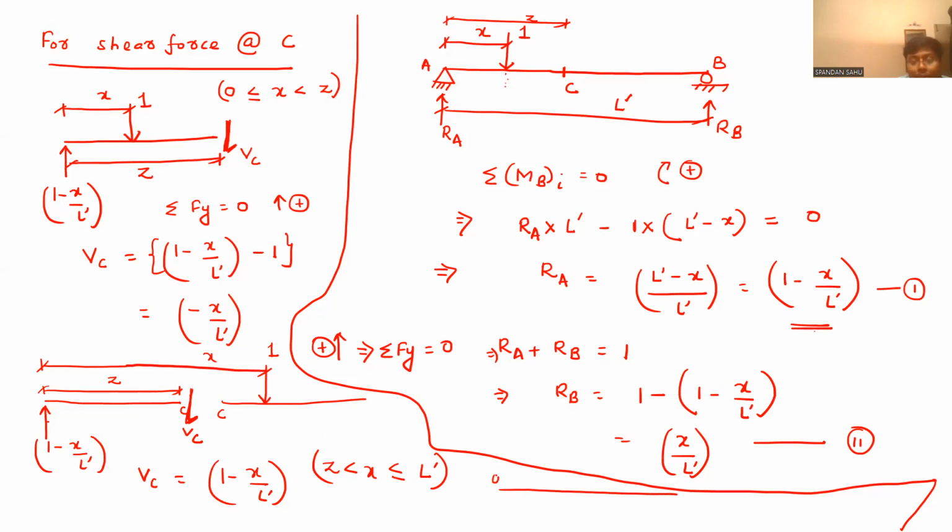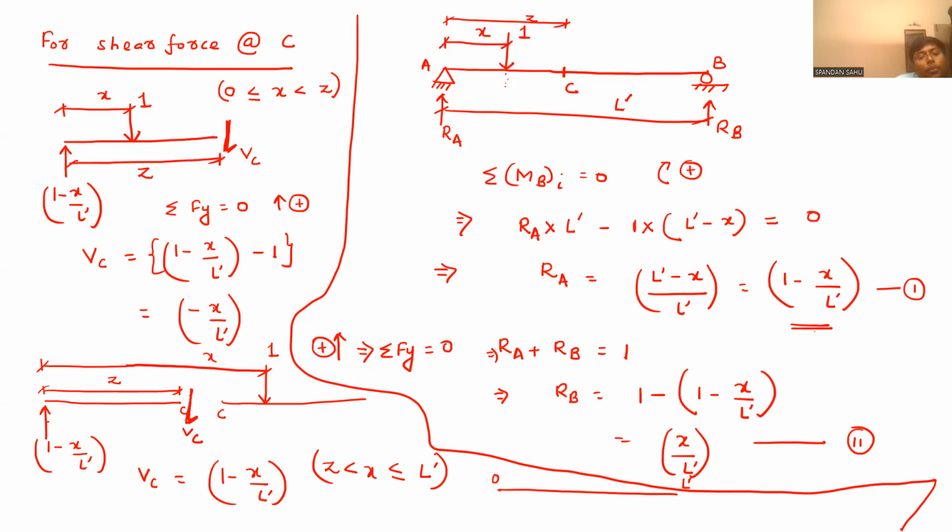Now, this is 0 point, this is L prime. C is at a distance of Z. So when you put x equal to 0, you are getting the ILD for shear force at this origin point. It will be 0.